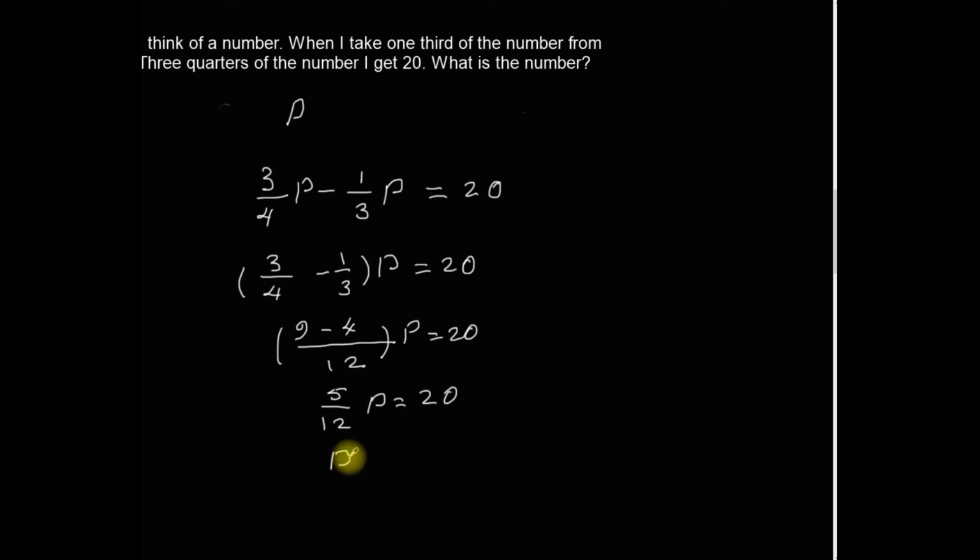I say p is equal to 20 divided by 5/12. This is the same as 20 multiplied by the reciprocal of 5/12. We inverted it: 12/5.